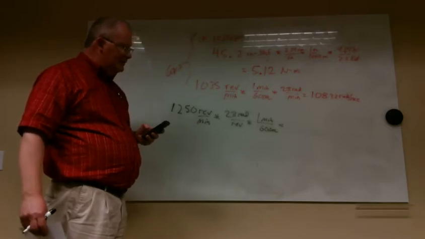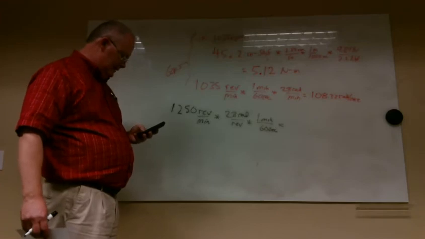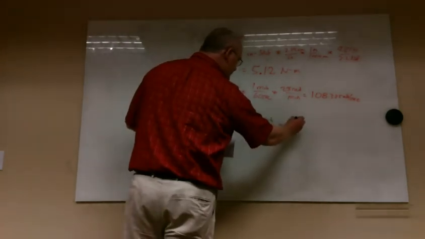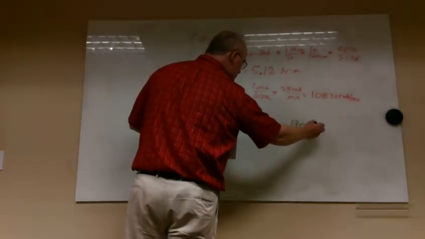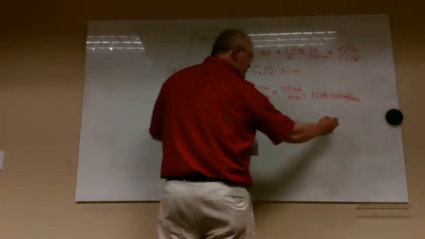So you're dividing by a little more than 10. 1250 times 130.8 radians per second is equal to omega.